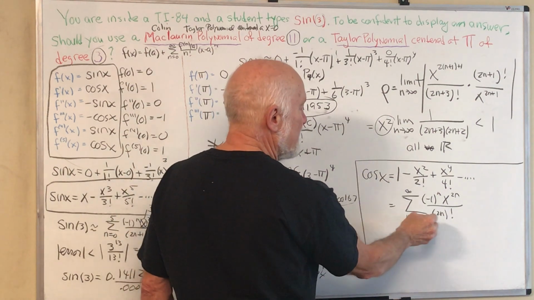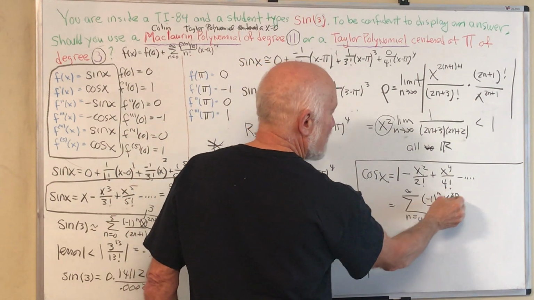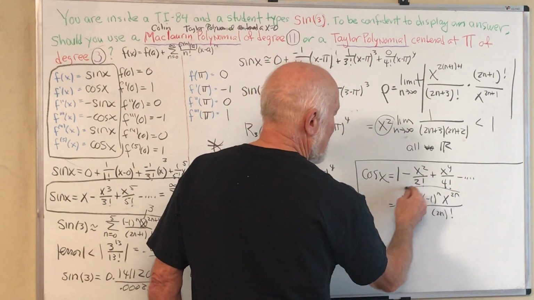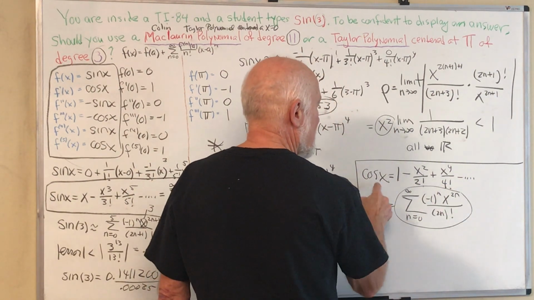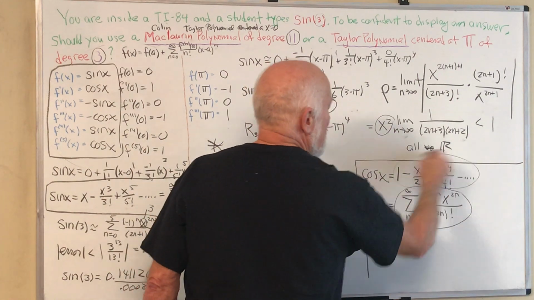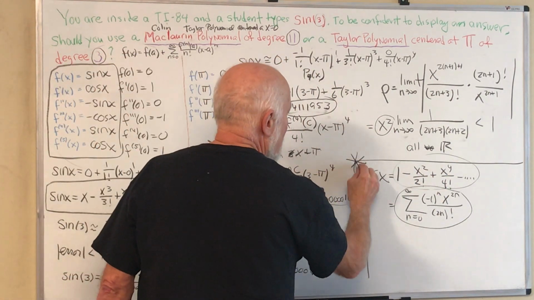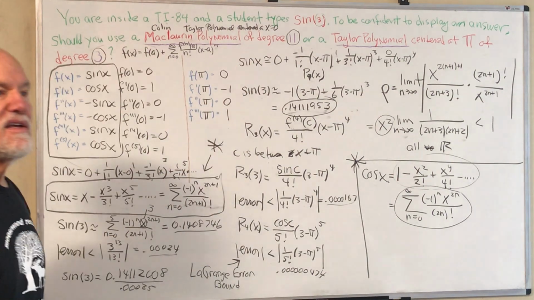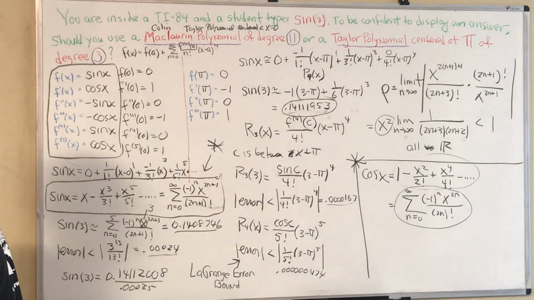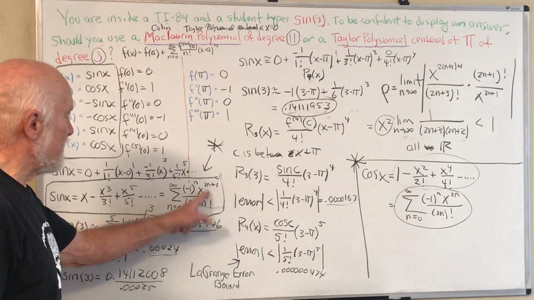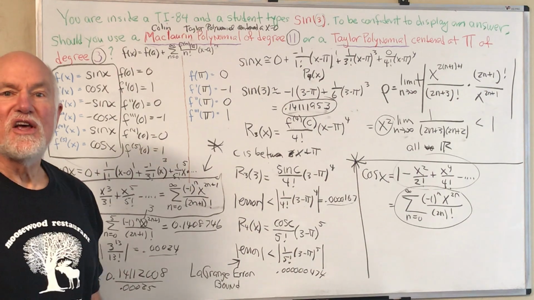When n is 1, you get a negative x squared over 2 factorial. And you can see that that summation is the same thing as what's up here. So now we've got another extremely important Taylor series. And you could have gotten this by just taking the derivative of this inside the summation also.